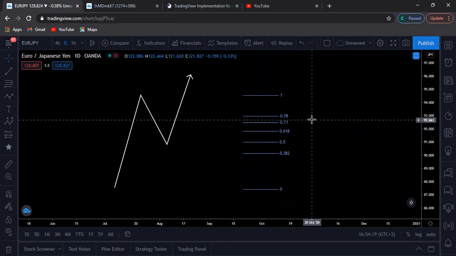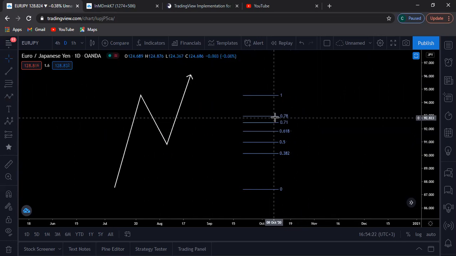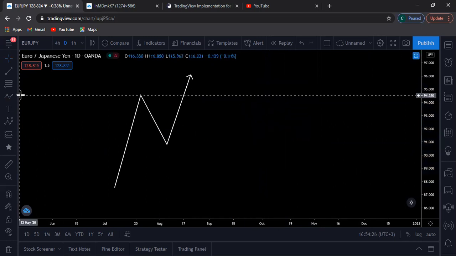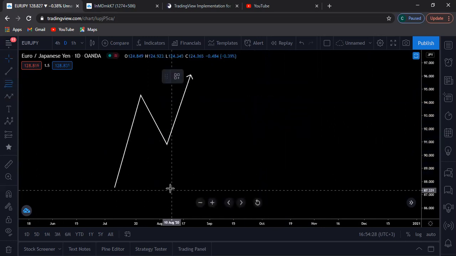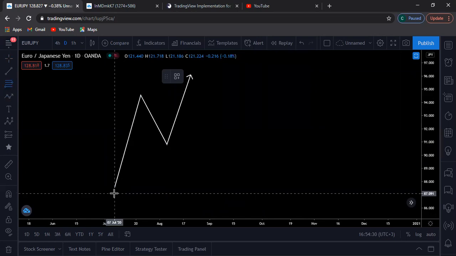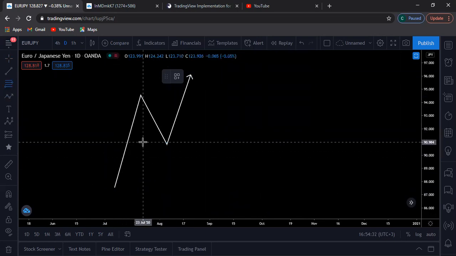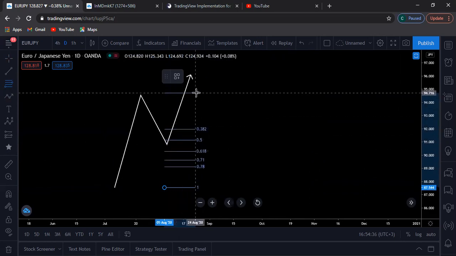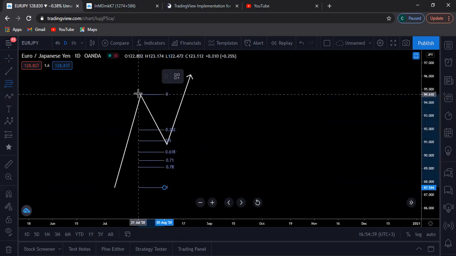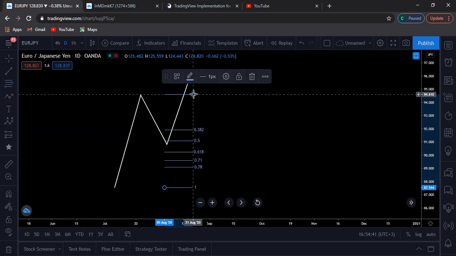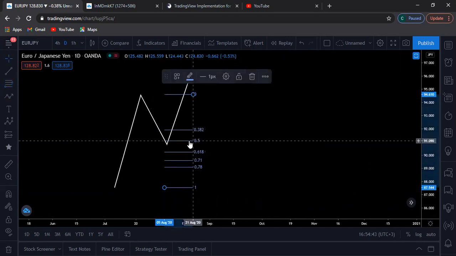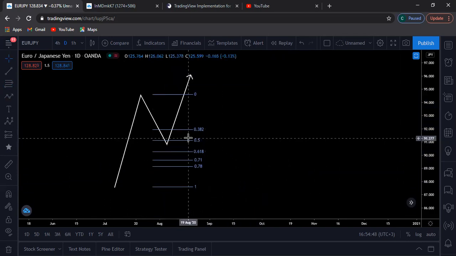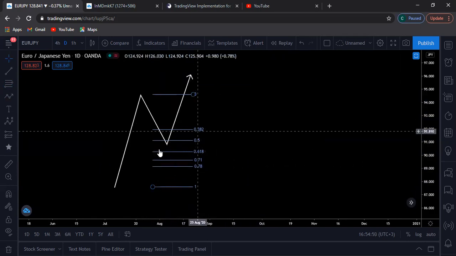Now, the way it works is that you apply this tool in the direction in which the wave is moving. For instance, if the wave is moving in an uptrend, you start from the bottom of the wave, and then you put it all the way up to the tip up here, right? And then this wave will automatically, most of the time, fall among these levels.